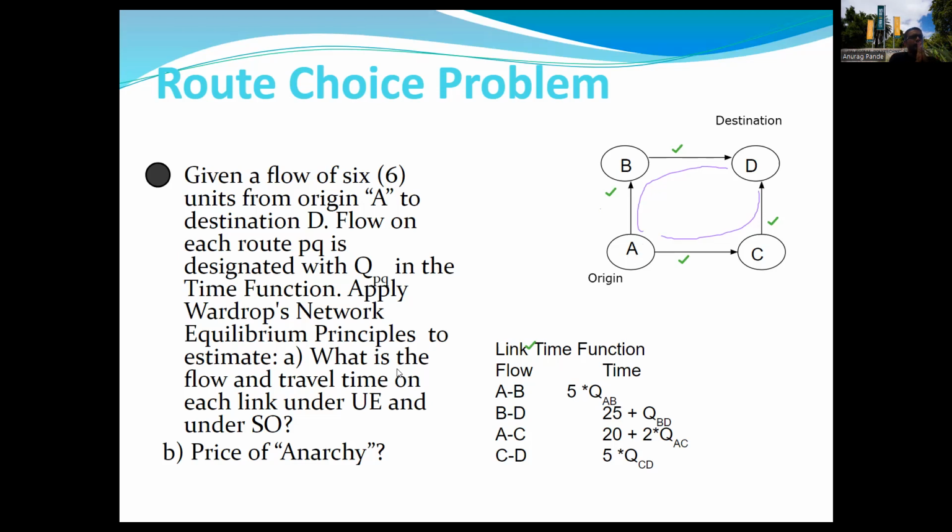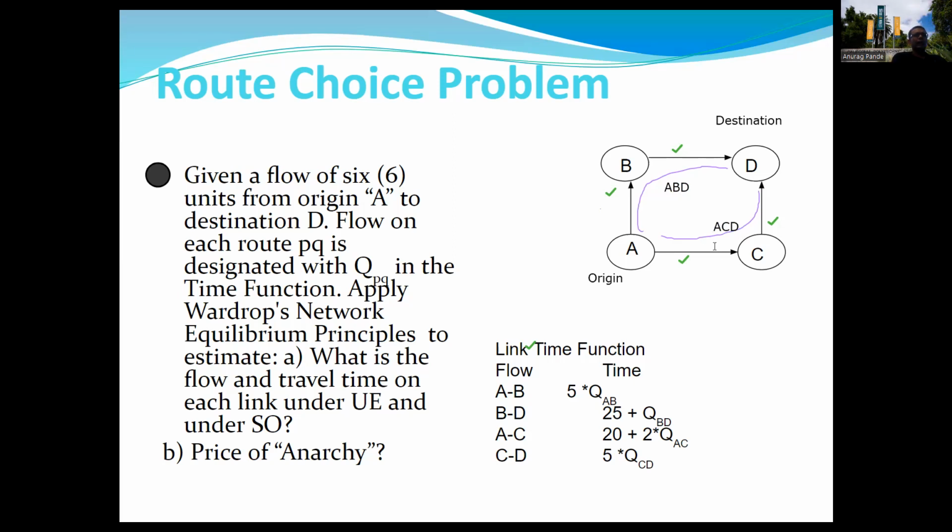So first, I need to figure out how many people are going to choose route ABD, and how many people are going to choose route ACD.